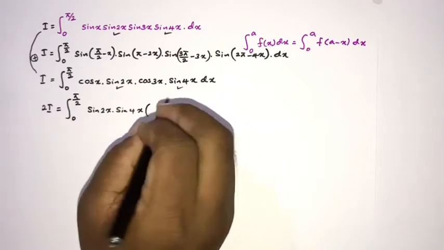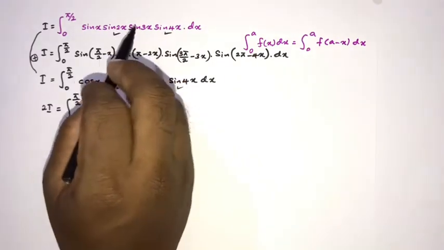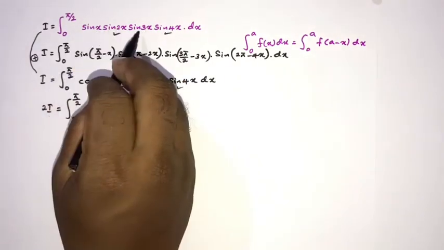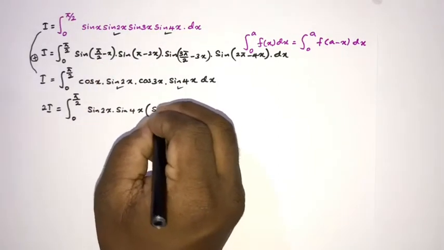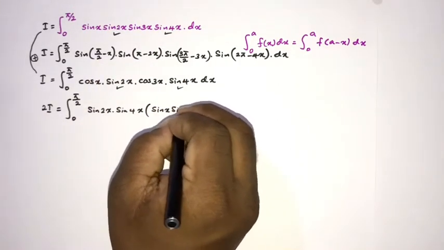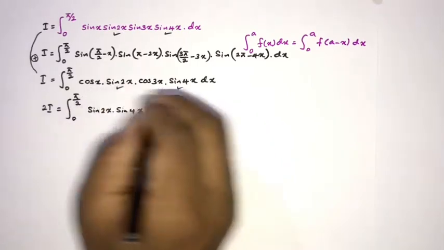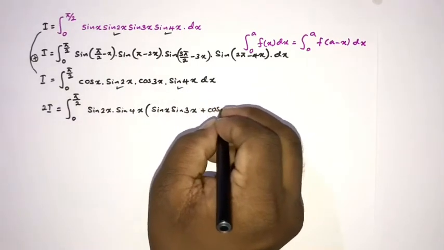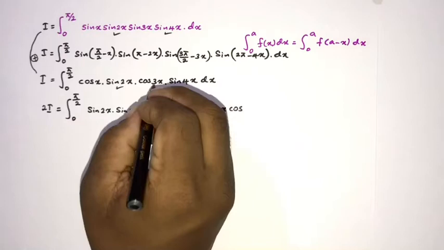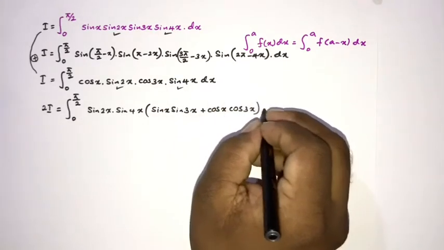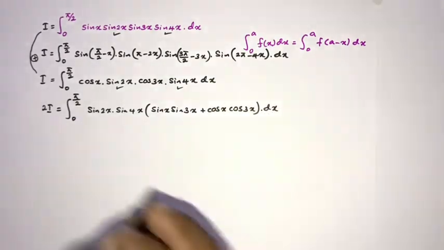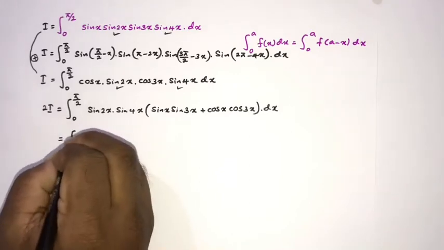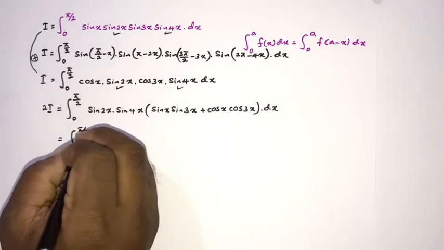So here we have sine of x, sine of 3x, plus cosine of x, cosine of 3x, dx, from 0 to pi over 2.